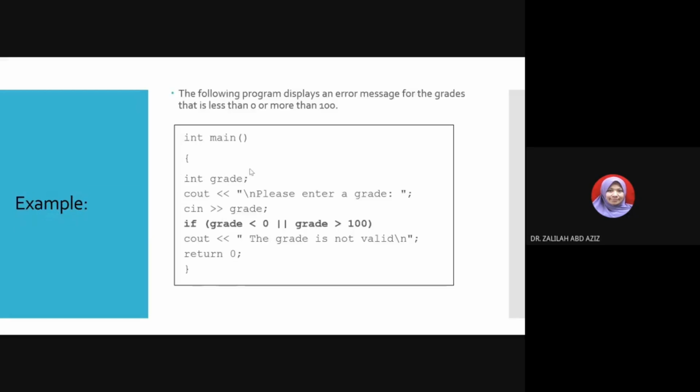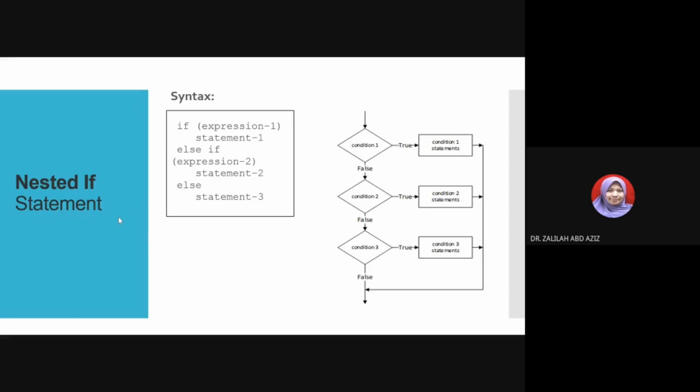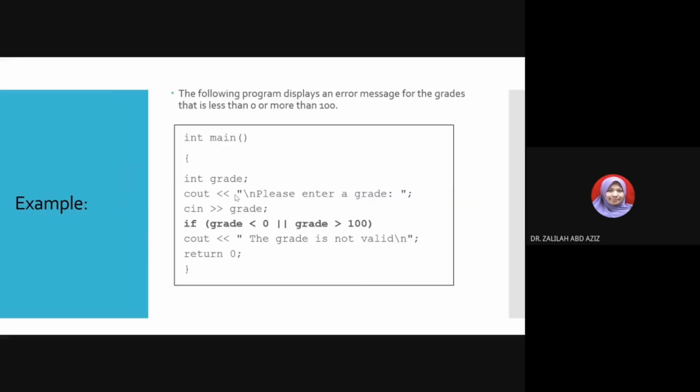Okay, kita tengok contoh lah for example here. Okay, we have variable grade. Please enter a grade. Let's say we key in any grade, and then if grade, let's say we say 50. If 50 less than 0, no, false.